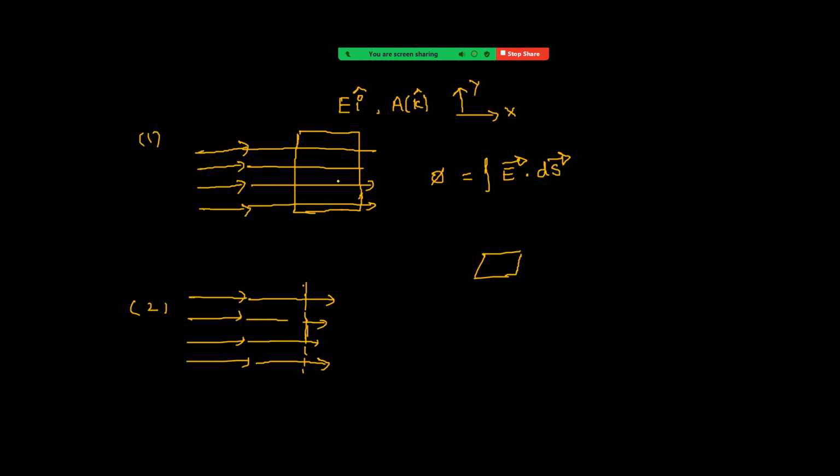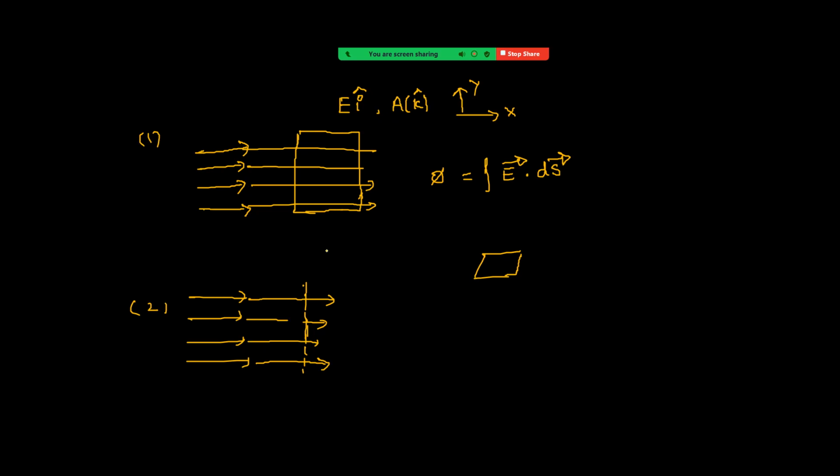When we take that rectangle in the xy plane, its normal is either along the positive z-axis or the negative z-axis, right? If you take E bar dot A bar, this is i cap and this is k cap, the dot product becomes 0. That means no field lines are passing through that surface, so there is no electric flux.